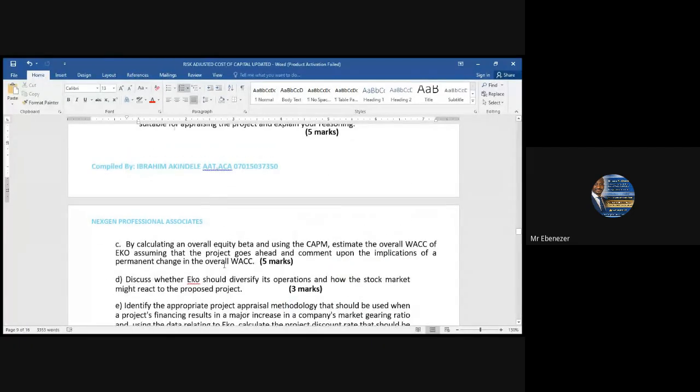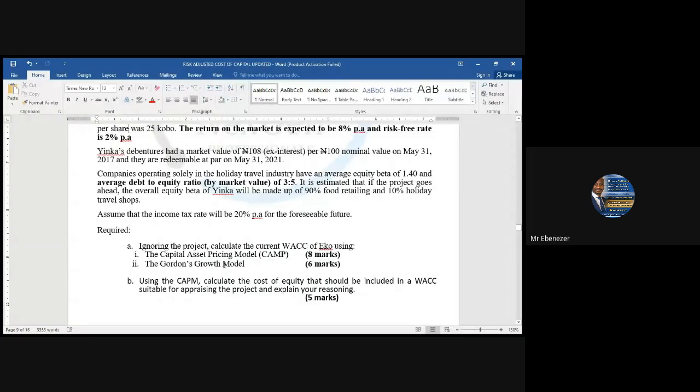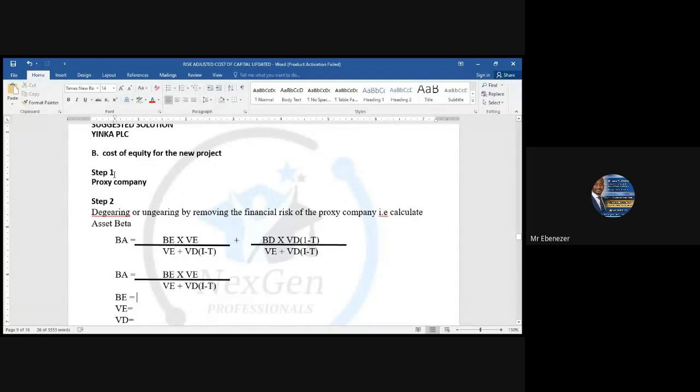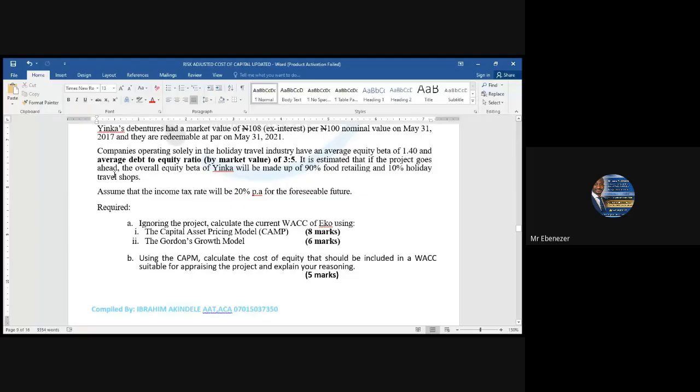Beta E: what is the equity beta of the proxy company? 1.40. Class, are we tired? 1.40. So the VE, what is the level of gearing? Debt to equity, right? Yes, sir. 3 to 5.